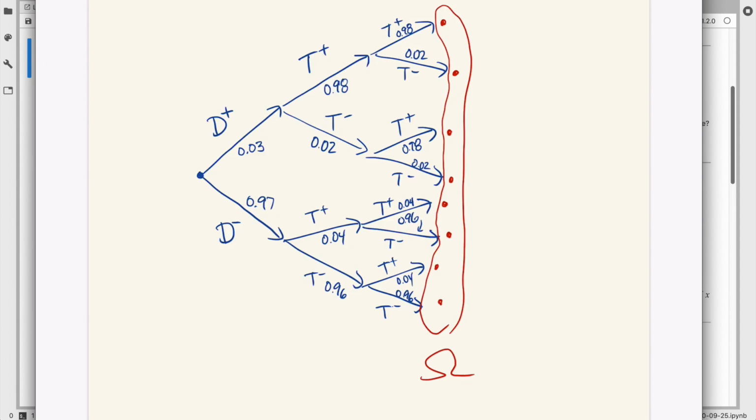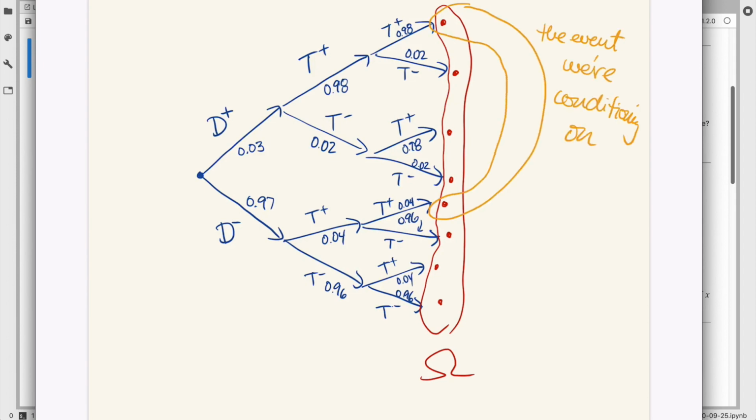And the information that we're given about the outcome of this random experiment is that we end up in a condition where we tested positive twice, which means exactly that we're at one of these two states. So to figure out the probabilities that we're in each of the two states, we just need to figure out the proportion of probability mass within this set that's at each of the 2 points.